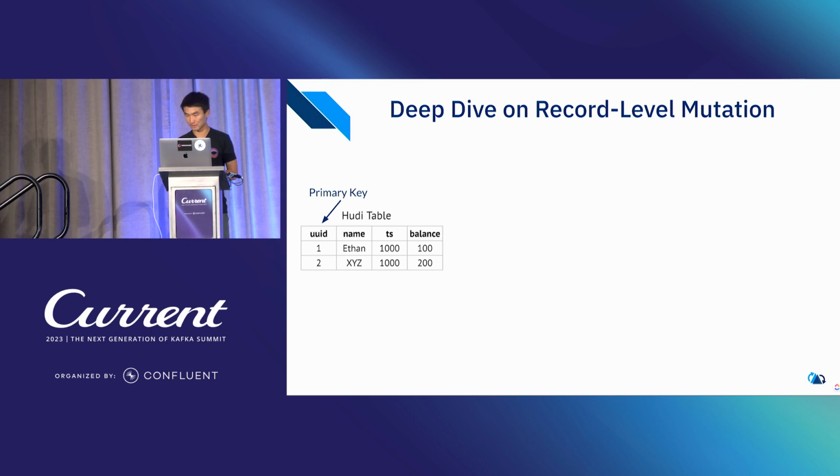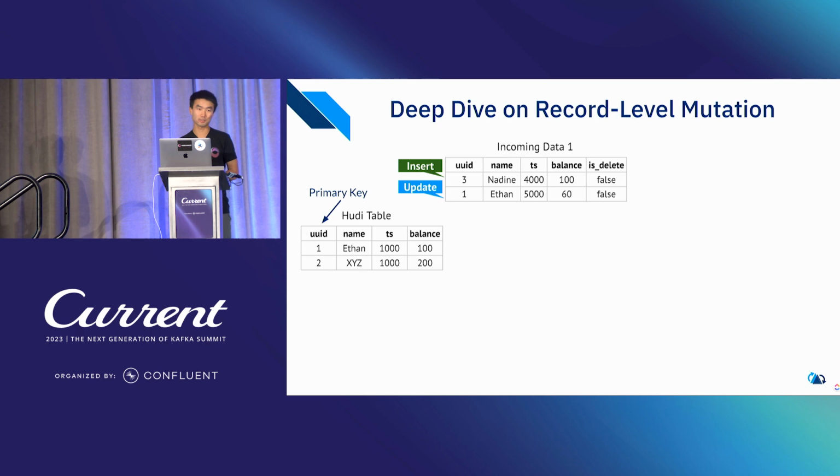In this case, the primary key field is the UUID field. For each incoming data batch, Hudi looks at the primary key to identify whether the input record is an insert, update, or delete. Let's take a look at this particular batch. The first entry is the insert. The second entry is the update.